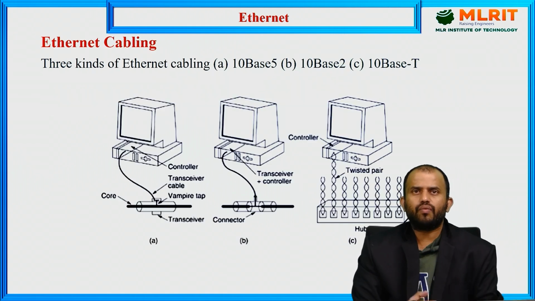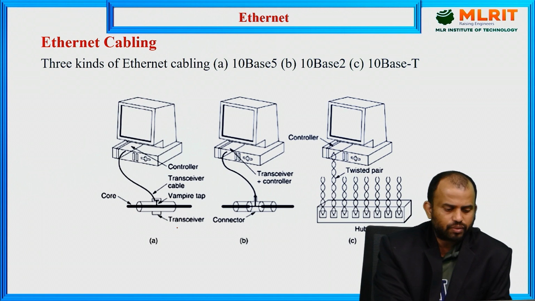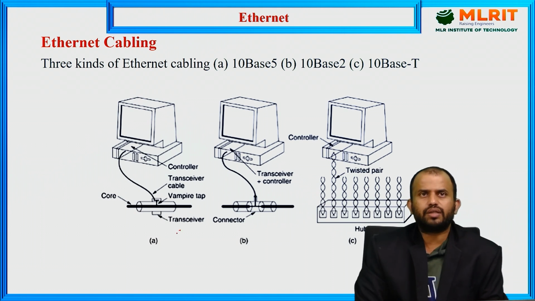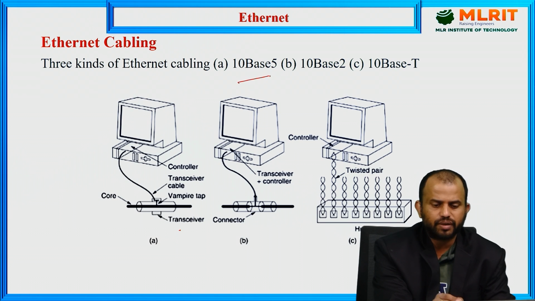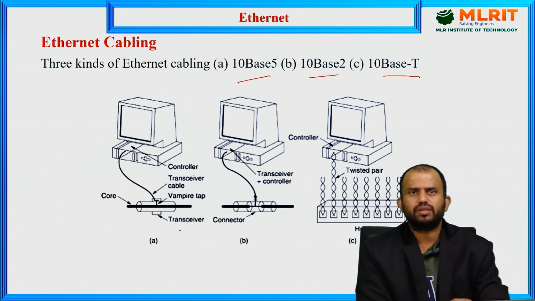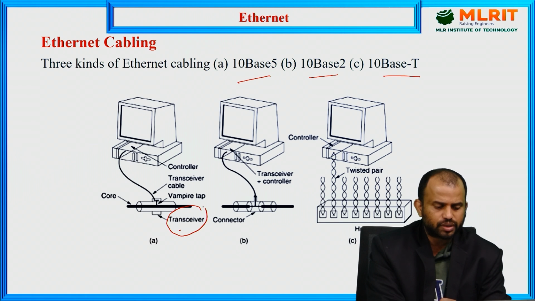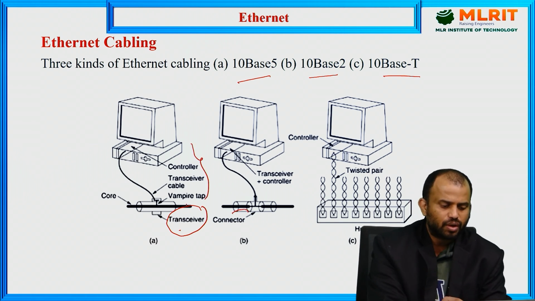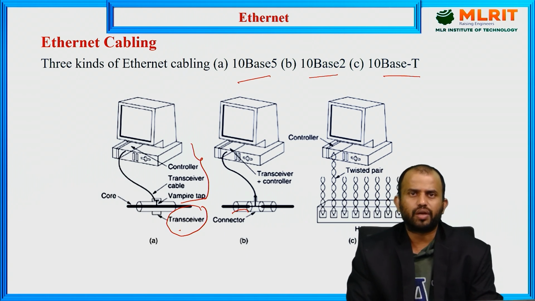So how is it established? When we go for Ethernet cabling, while transmitting the signal over the Ethernet cabling, there are 3 types of Ethernet cabling: 10Base5, 10Base2, and 10BaseT. Here the information is transferred, the transmitting computer is there and the connector is there. Based upon the signal transmission via the tap and via the transceiver cable, we establish one kind of Ethernet cable.